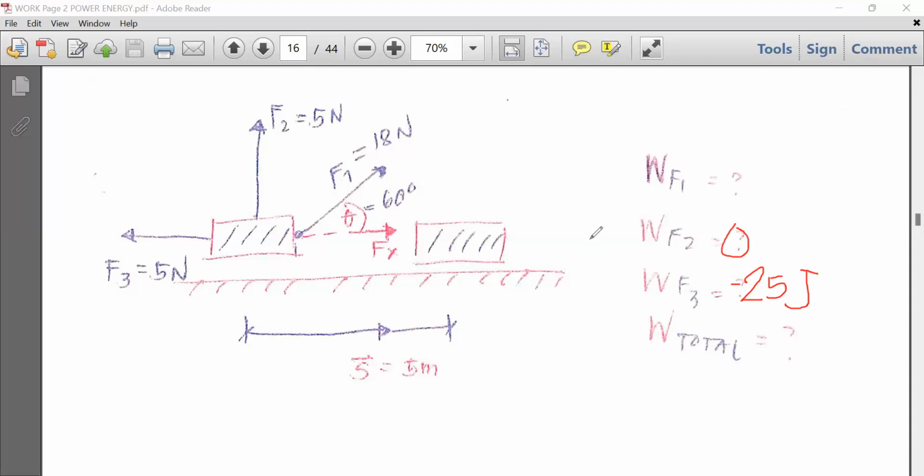How about F1? So F1, case 4, Fs cosine of theta. F is 18, so let's write 18.